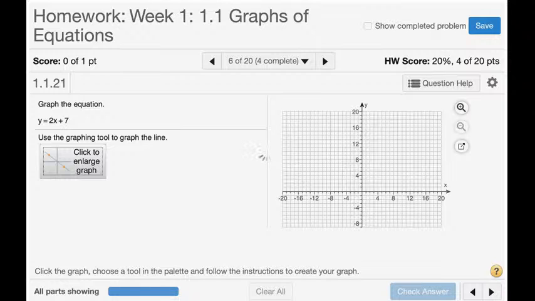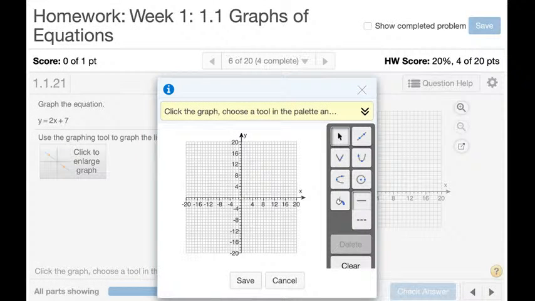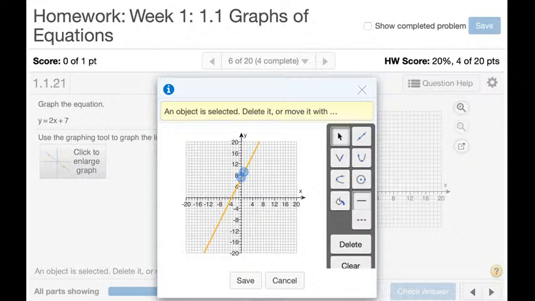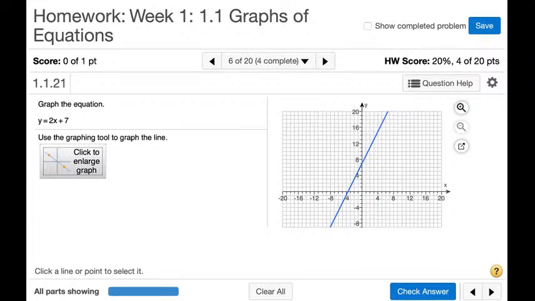Okay, highest exponent is 1, so it should be linear. Plot the first point that you would like. So the y-intercept is 7. So I'm going to start at 0, 7, which is right here. And then the second point, if the slope is 2, so if I go up 2 and right 1, that should be the second point. Let me hit save and check the answer. Next question.